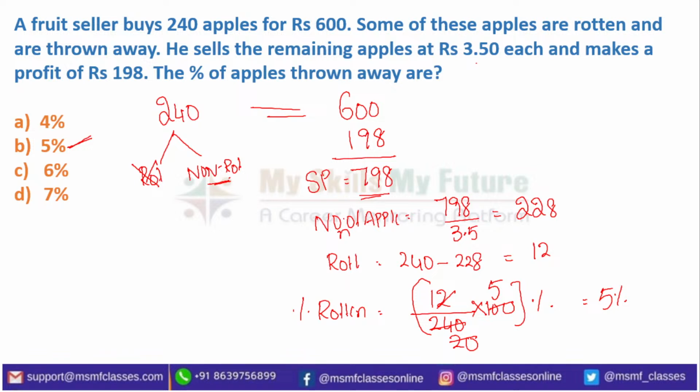Percentage of apples thrown away means 5% apples are thrown away.